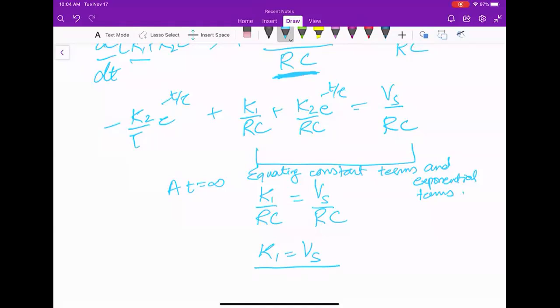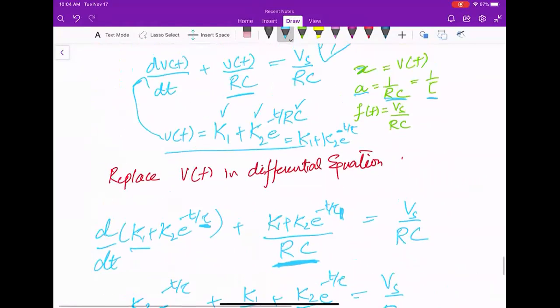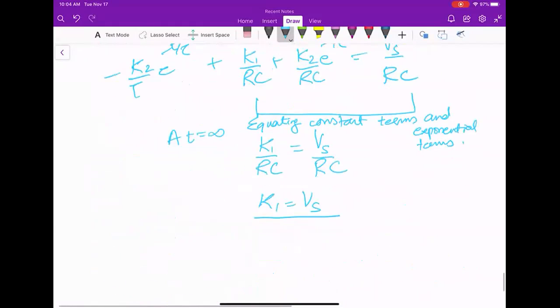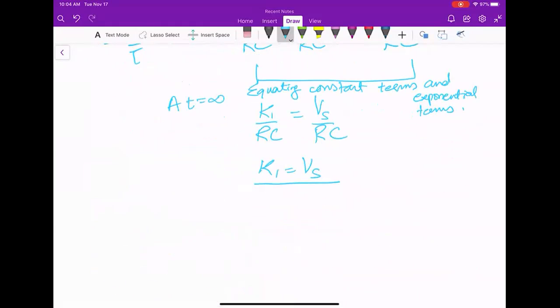Okay, so now K1 is equal to Vs. Now I know K1, and I want to find K2.